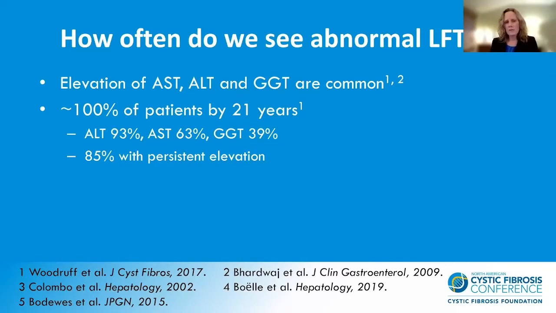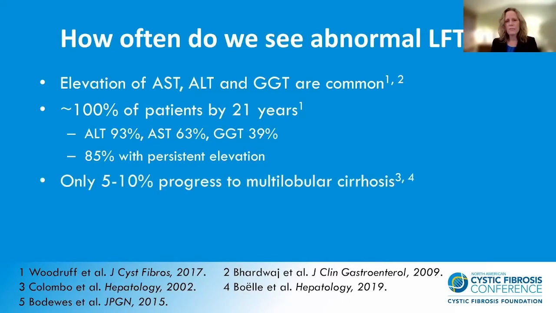Only 85% of these had persistent elevation over 6 months, which is more significant. Of all of these LFT elevations, only 5 to 10% of patients will progress to have multilobular cirrhosis. And GGT has been shown to predict progression to multilobular cirrhosis.